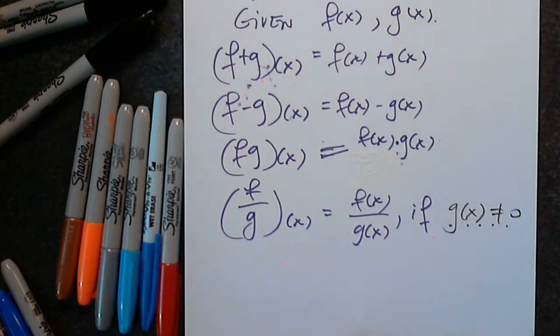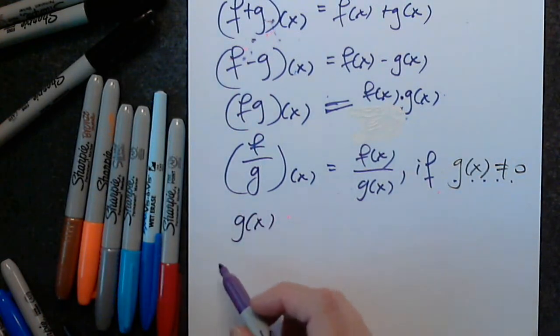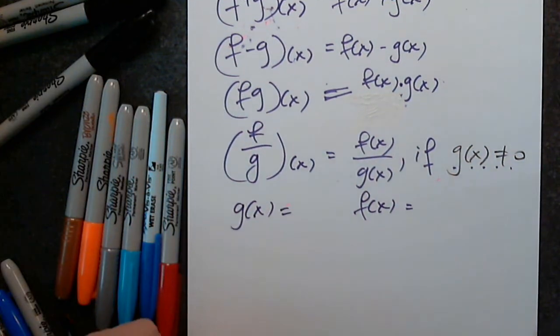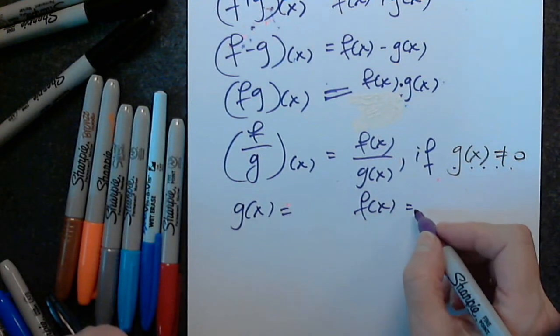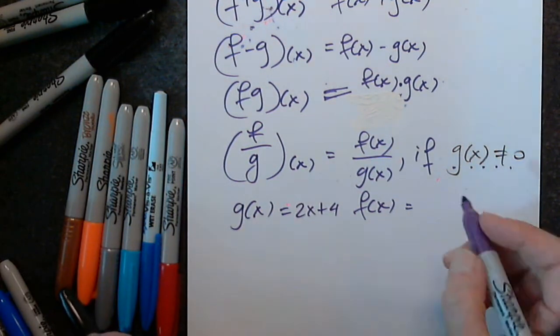Before we pick an example, if you'd like, just give me two functions, any two functions that you can think of. A linear, quadratic, any function you want. Rational? 2x, no. 2x plus 4. This one or this one, it doesn't matter. Okay, 2x plus 4. x plus 4.